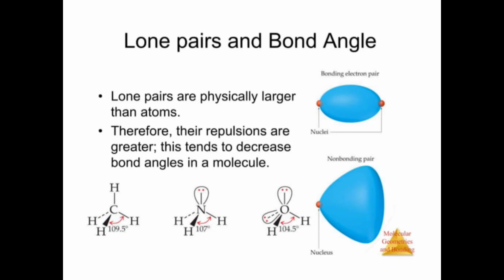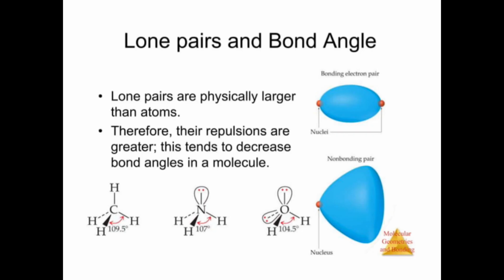Don't forget these 3 molecules here, methane, ammonia, and water, have a possible tetrahedral geometry. However, the shape will be different, because methane will be tetrahedral, ammonia will be trigonal pyramidal, and water will be bent. More interestingly now is the impact of the lone pair on the bond angle. The bond angle decreases as you increase the number of lone pairs.